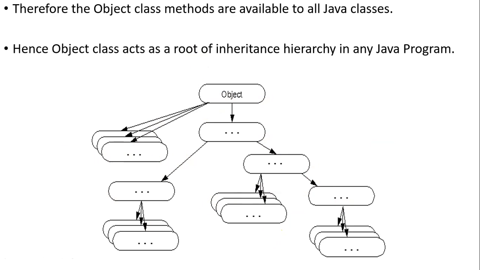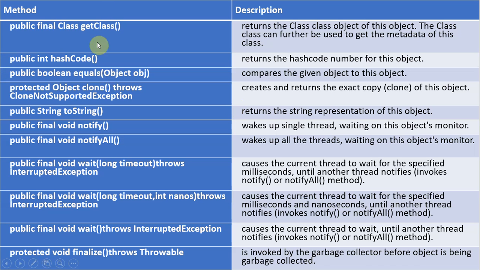Predefined ones are the String class and System class; in some examples we discussed that System and String are predefined classes. All come under the subclasses of Object. At the same time Bike, Honda, and Maruti car are user defined classes that also come under the subclasses of Object. These are the methods available in the Object class.